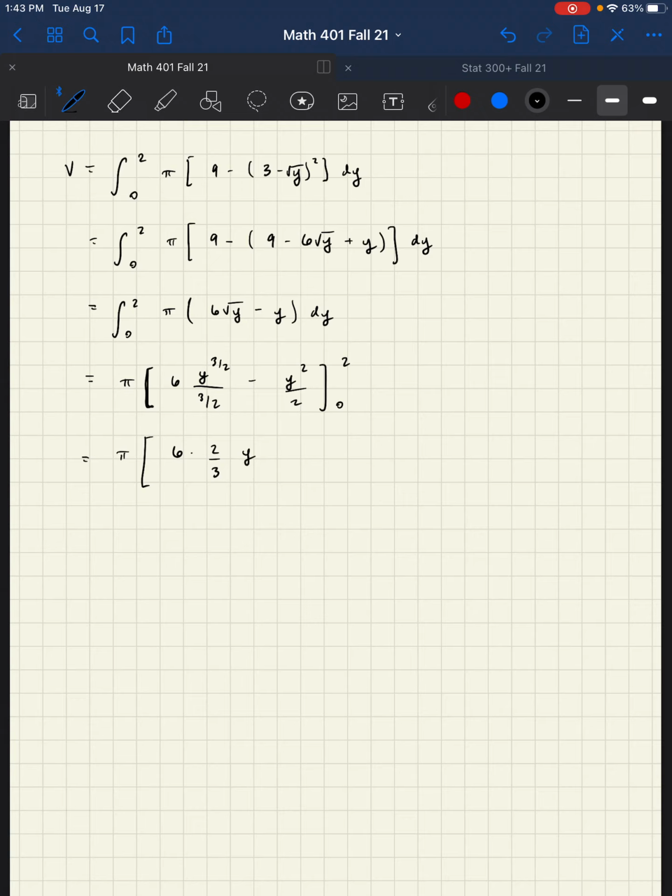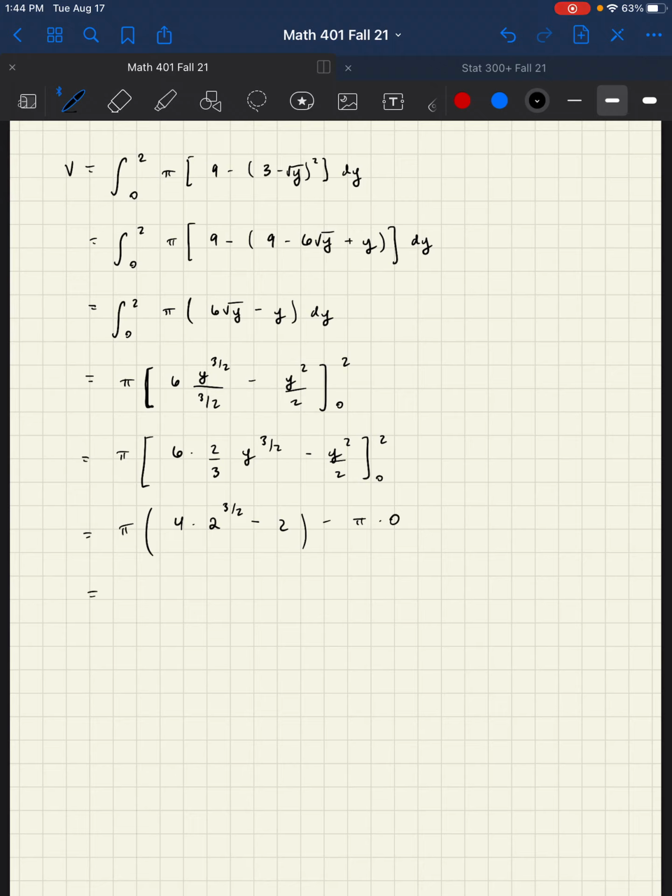It's going to be pi, 6 times 2/3 y to the 3/2 minus y squared over 2 from 0 to 2. It's going to be pi of 6 times 2/3 is 4. So 4 times 2 to the 3/2 minus 2 squared over 2 is 2. And then the minus pi times 0 because the whole thing becomes 0 when you plug in 0.